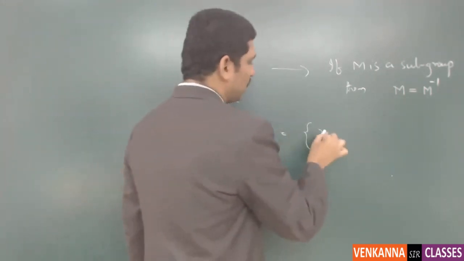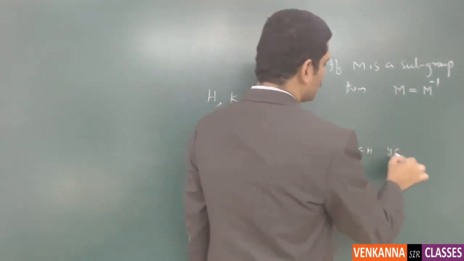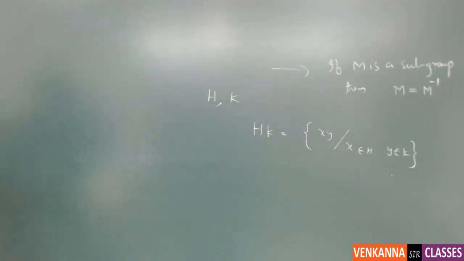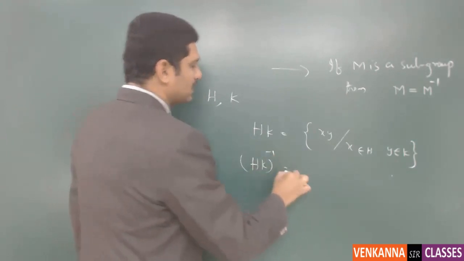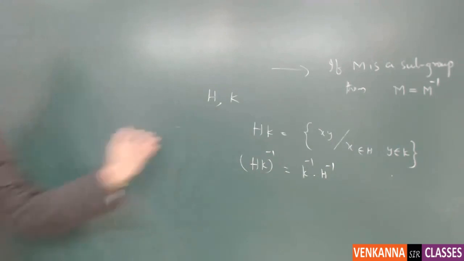It is nothing but the set of all xy such that x belongs to H, y belongs to K. So you take one element from the first set, one element from the second set, you simply multiply them. That's all. So if you want to calculate the inverse of this set, (HK) whole inverse, it is nothing but K inverse H inverse.